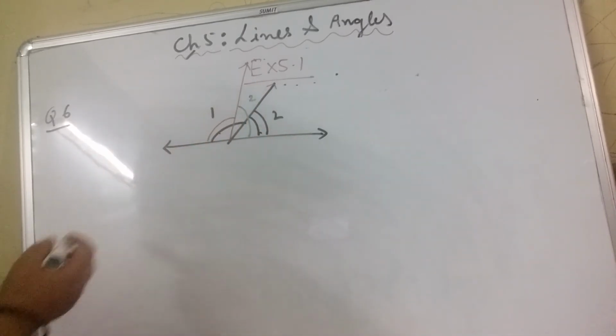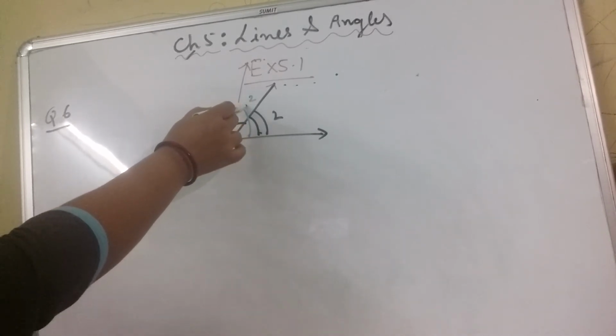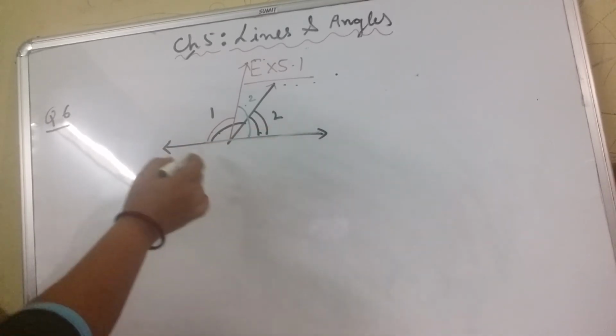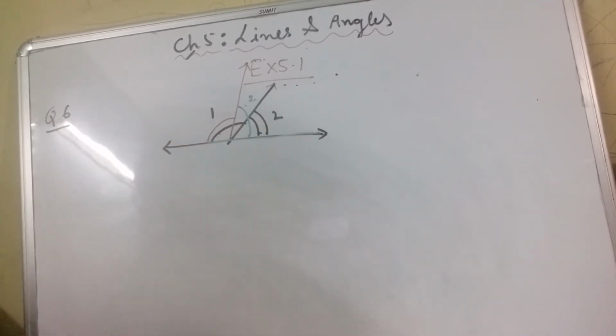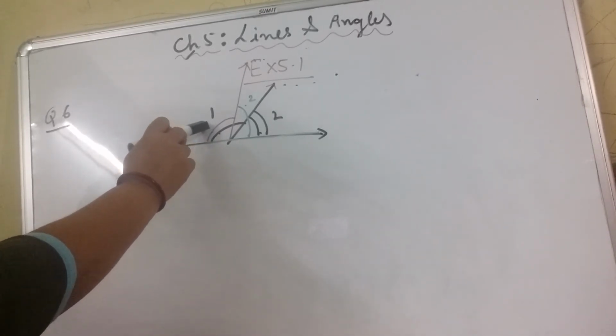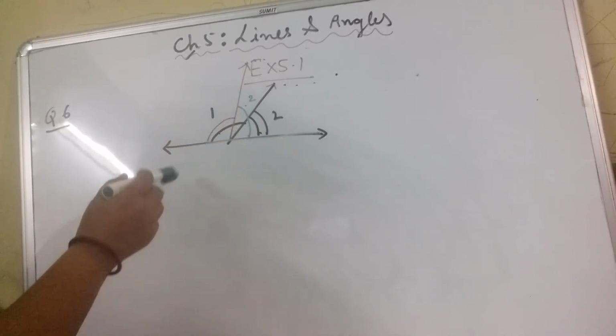So what you can see is, when angle 1 decreases, angle 2 increases if they have to remain supplementary. If angle 1 decreases, angle 2 has to increase.